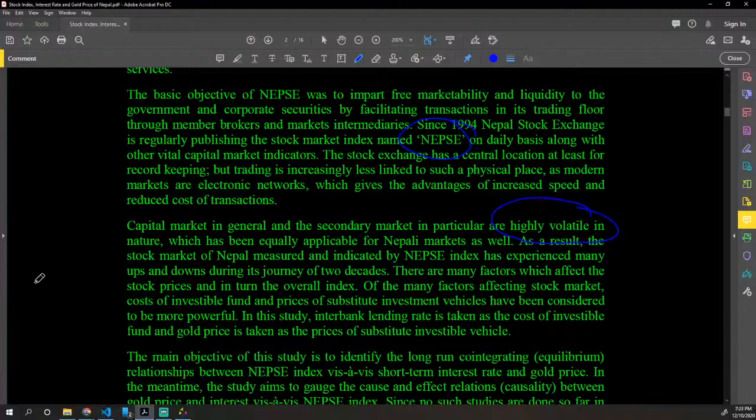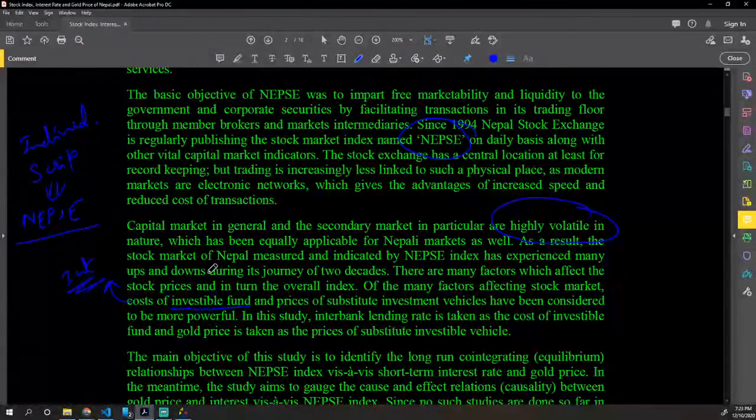So many factors affect the stock prices, which then affects the individual script, and this in turn affects the whole index itself.